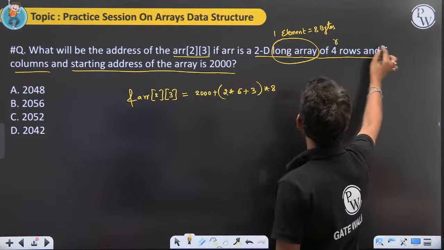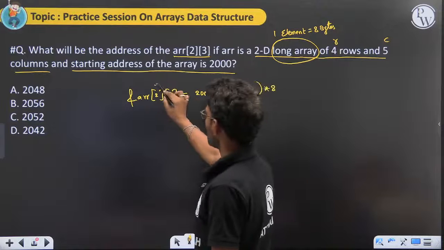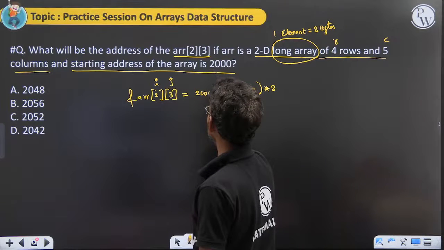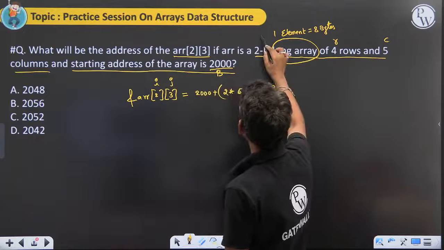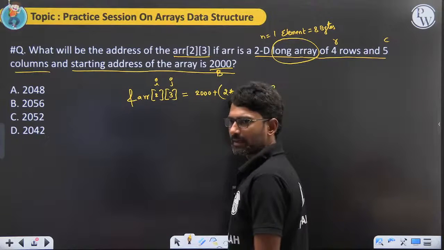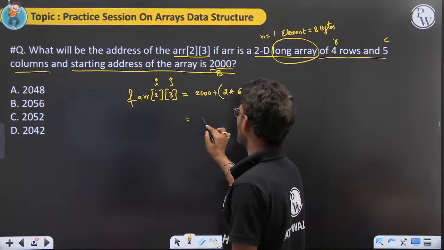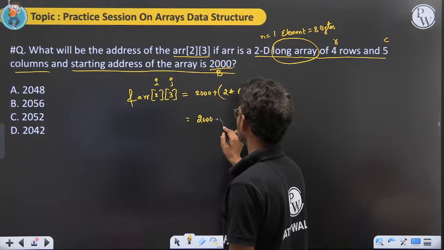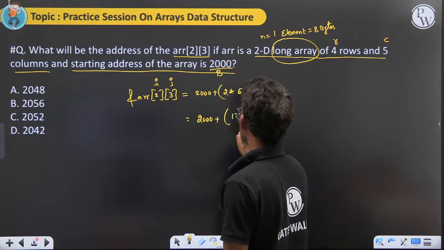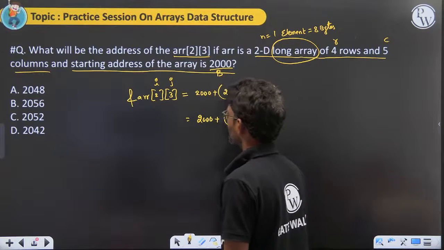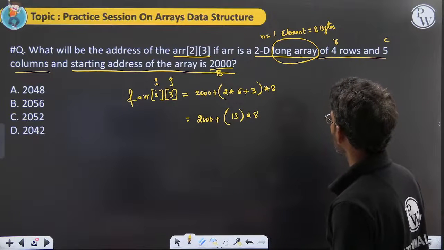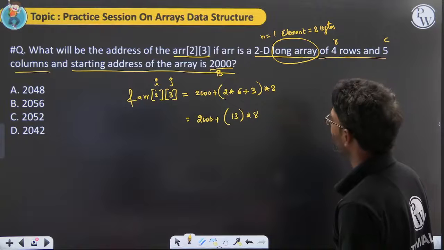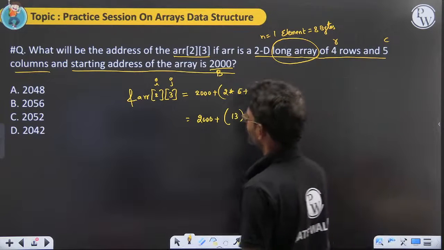This is R, this is C, this is I, this is J, this is B the base address, and N is 8 bytes. So this would be 2000 plus 10 plus 3, 13 into 8. Okay, I think for one element we have to take 4 bytes.